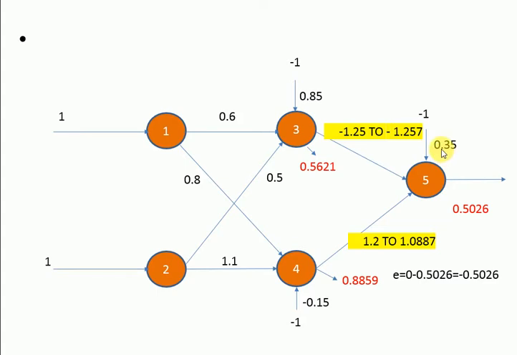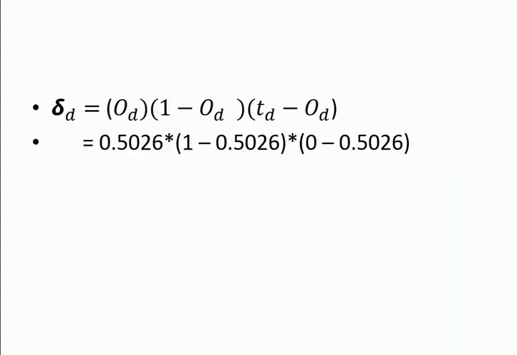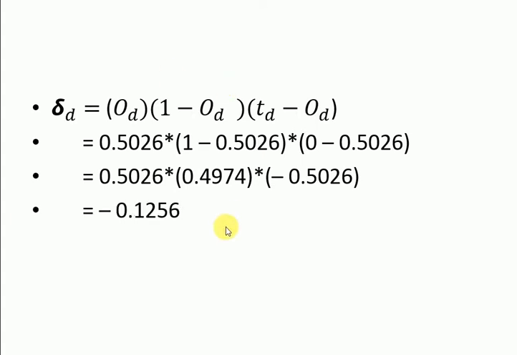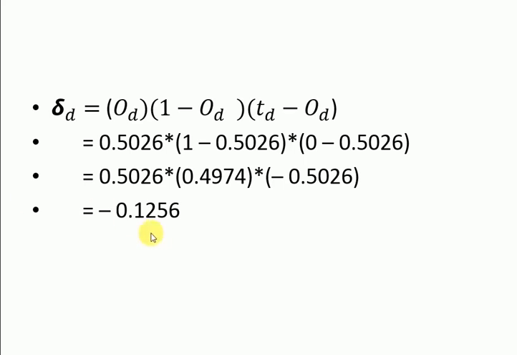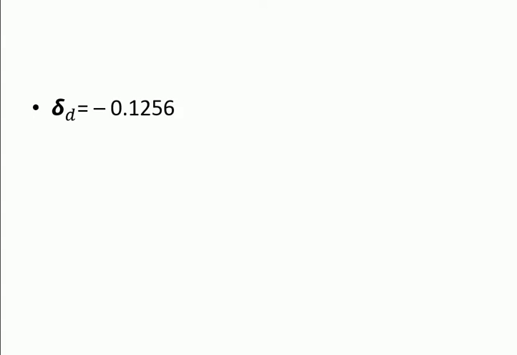Now we'll change 0.35. Again the same thing: the network error term is minus 0.1256, and the derivative of ji is equal to eta into delta d into x of i.